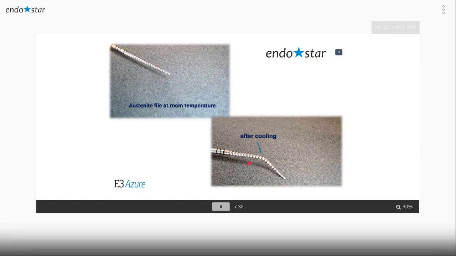So I did a reverse treatment, severe cooling at minus 100 degrees. I used the Endo Ice for a specific time.